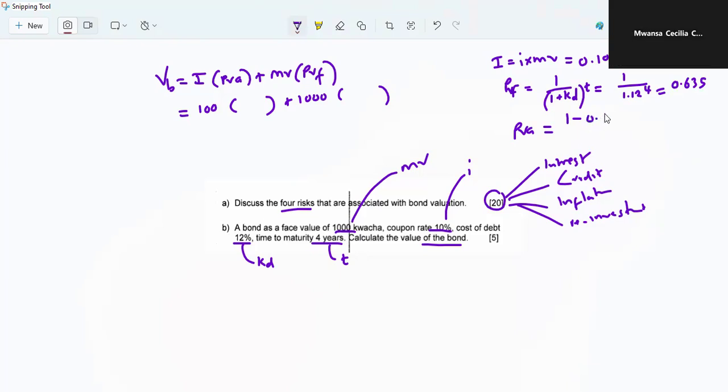That will be 1 minus the present value factor over the interest rate. What do we get? 3.042.